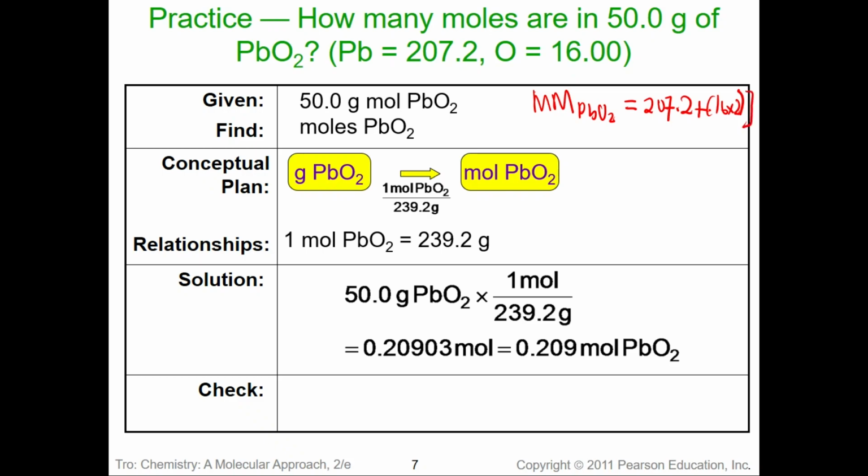Everything must be in gram per mole, so you get 239.2 gram per mole. So mole is equal to mass divided by molar mass, and you get the last answer in mole.